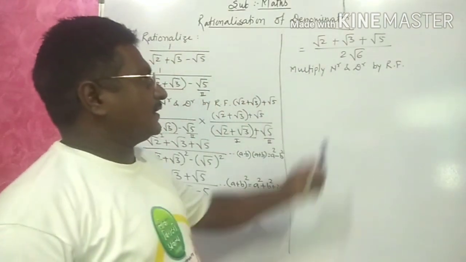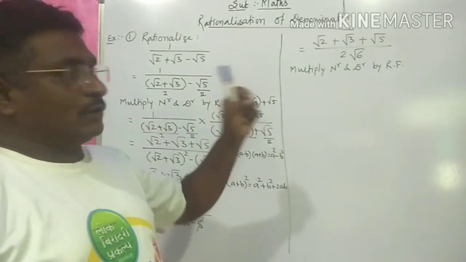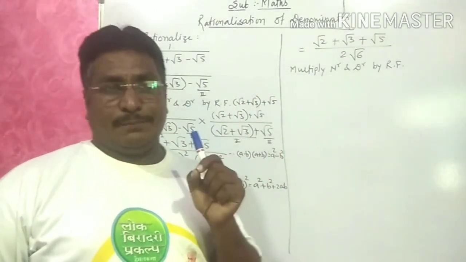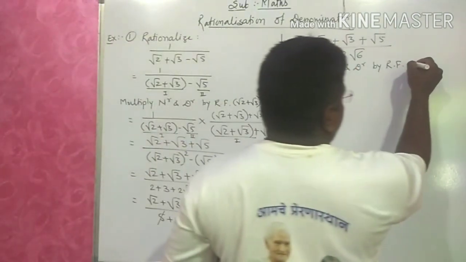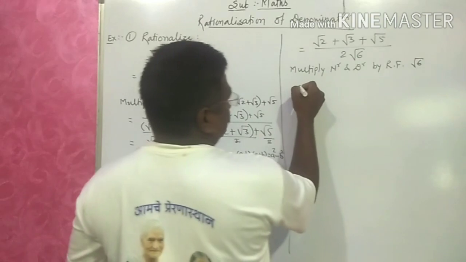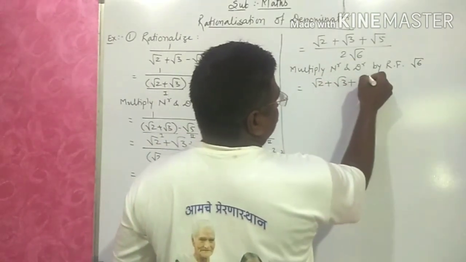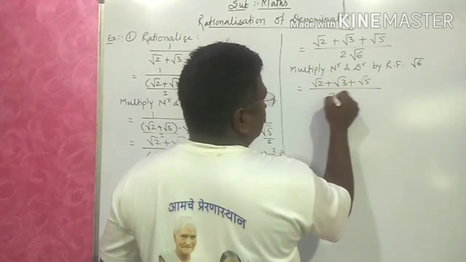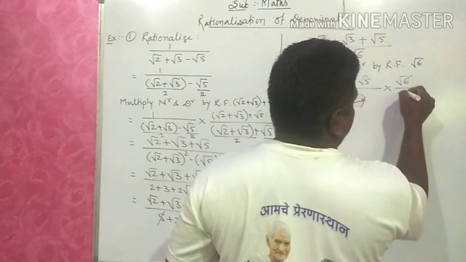What is the rationalizing factor? Now here a monomial is there. So if a monomial is there, the rationalizing factor is the same. Whatever is there, that is only the rationalizing factor. So what will we get? Root 2 plus root 3 plus root 5 by 2 root 6 into root 6 by root 6.